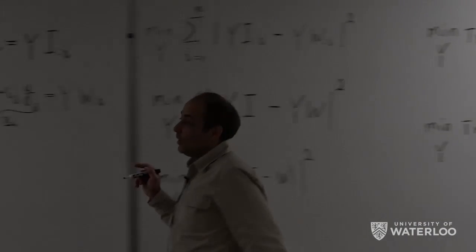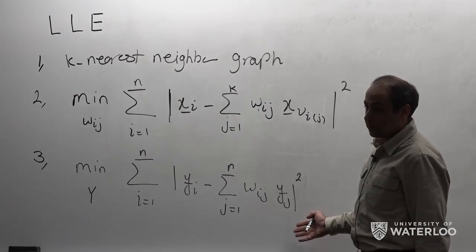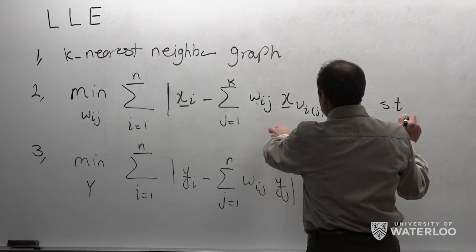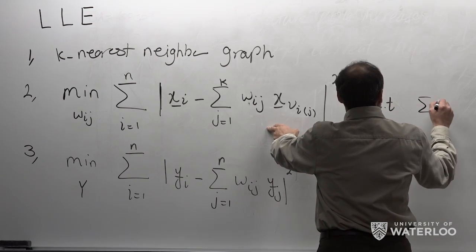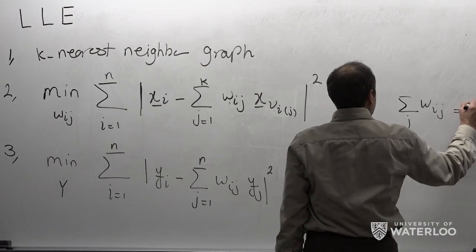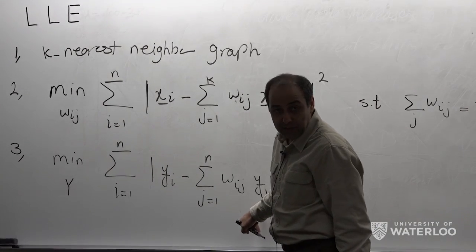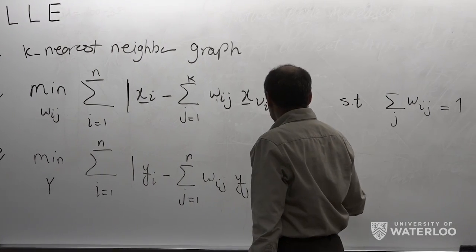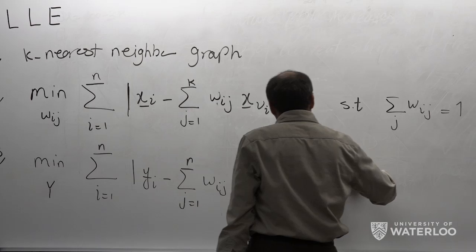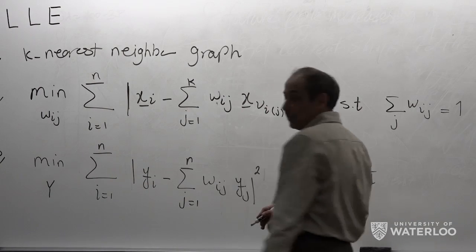But LLE does the optimization subject to some constraint. There is a constraint here for the first objective function that summation of Wij is 1. And actually there are two constraints here. One constraint is that Y transpose is identity.